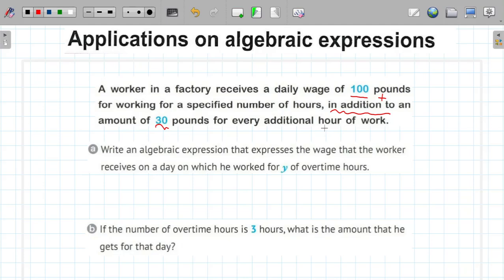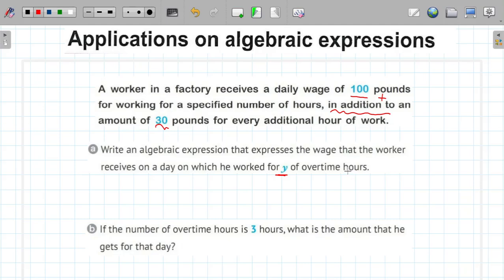So I have here a variable for the additional hours of work. First, write an algebraic expression that expresses the wage that the worker receives on a day on which he worked for y overtime hours.